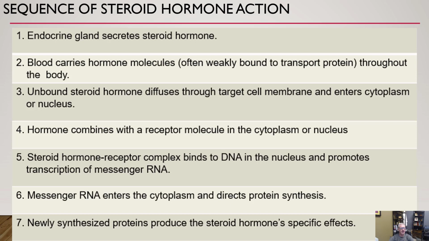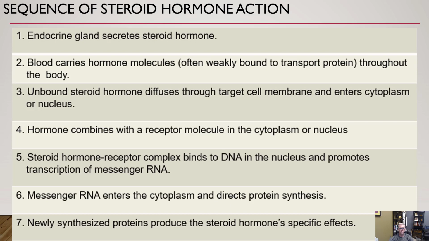And this is just a stepwise process of what we just mentioned. The endocrine gland is going to secrete that hormone. The blood carries the molecule through the body. That hormone diffuses through the target membrane, enters through the cytoplasm or the nucleus, and combines with that receptor molecule.